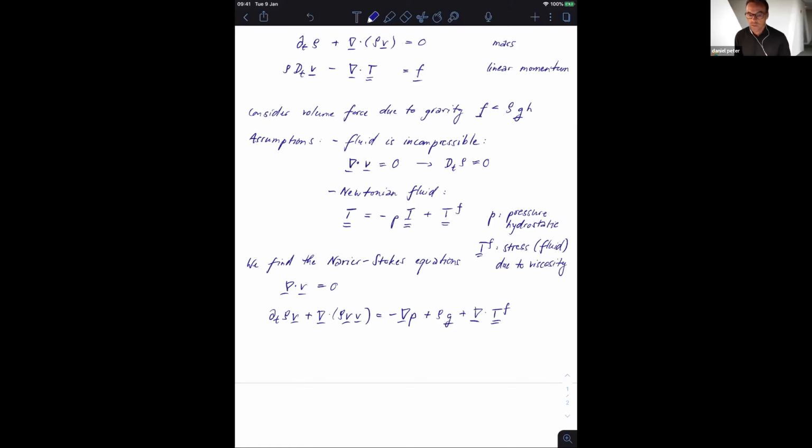So these are the incompressible Navier-Stokes equations, if you want.